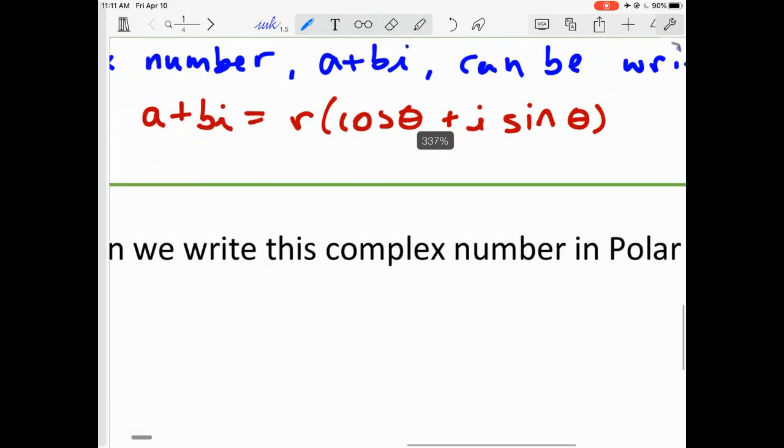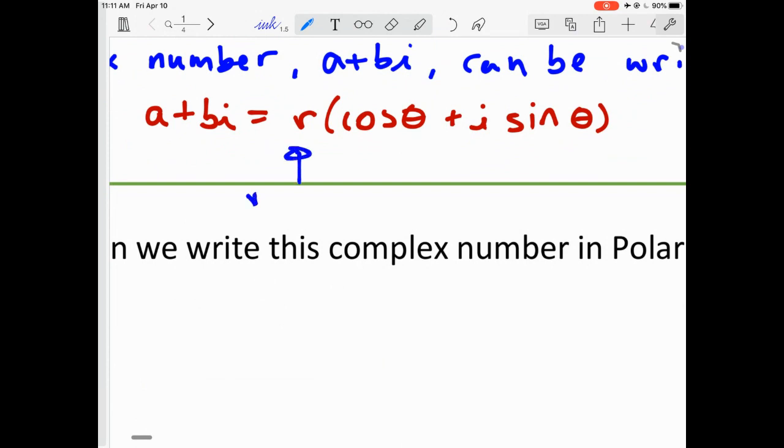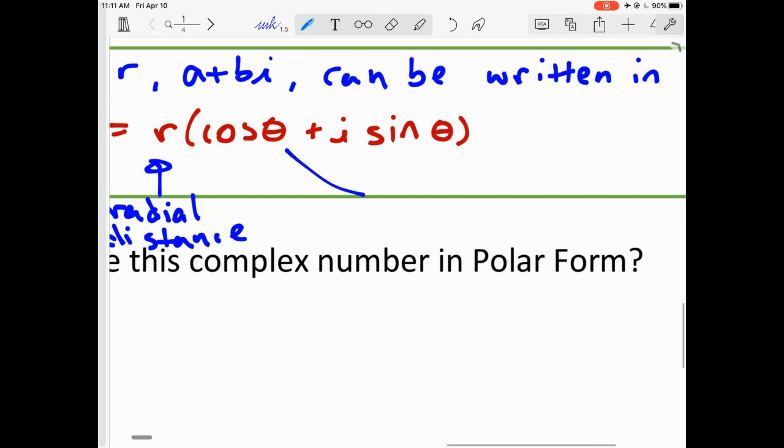And this is where r is our radial distance, and theta is our angular distance.